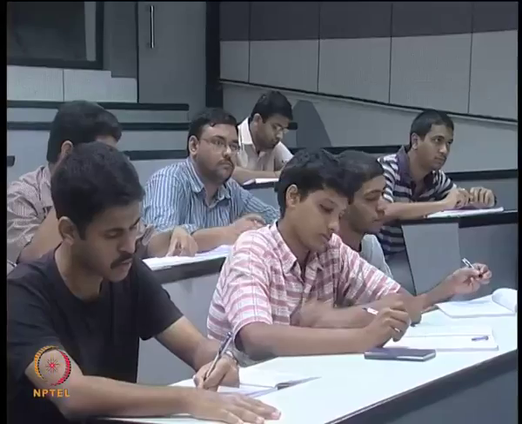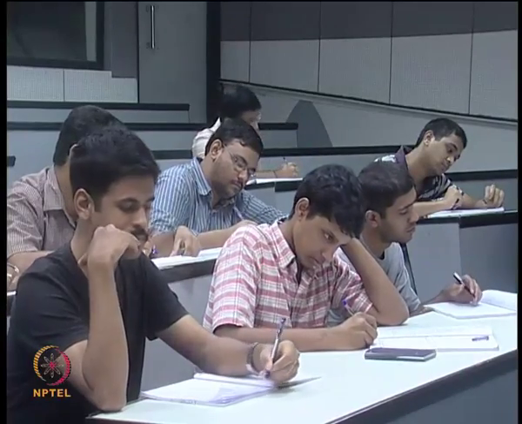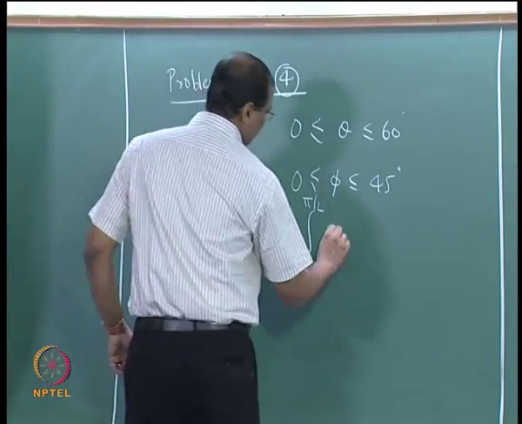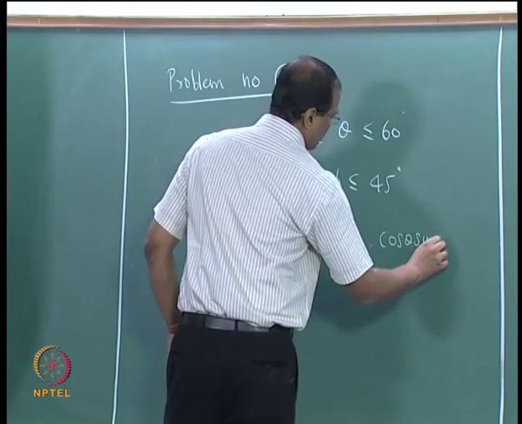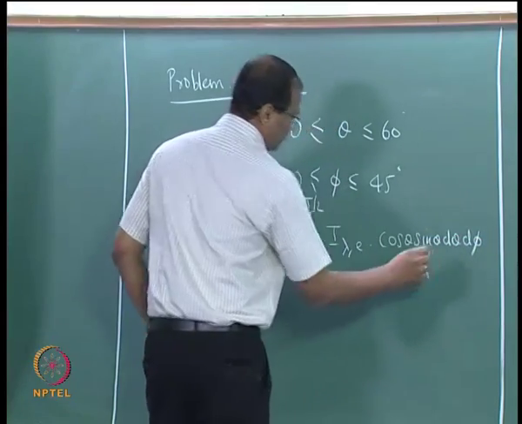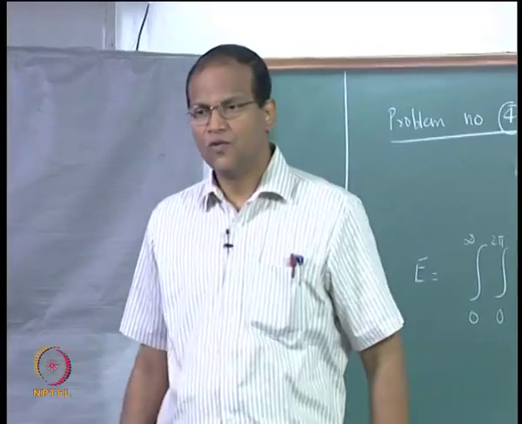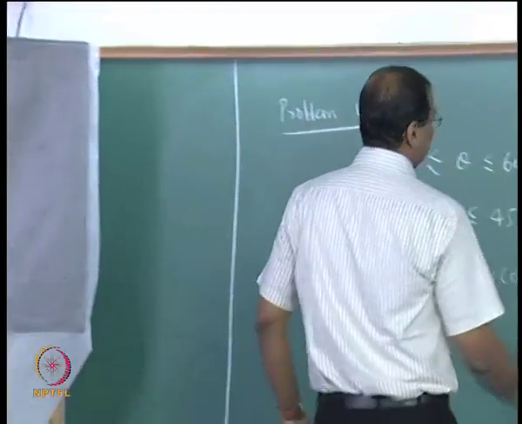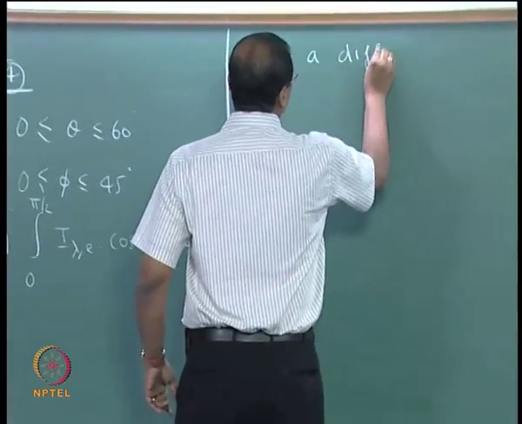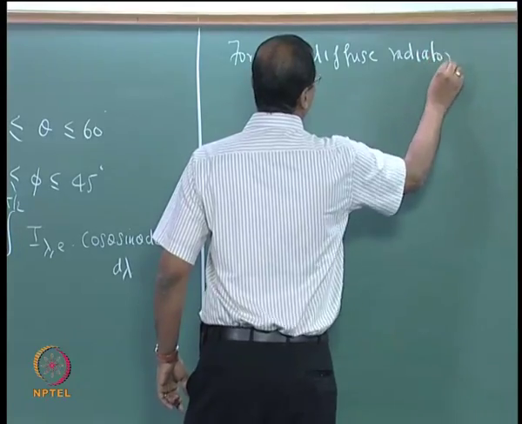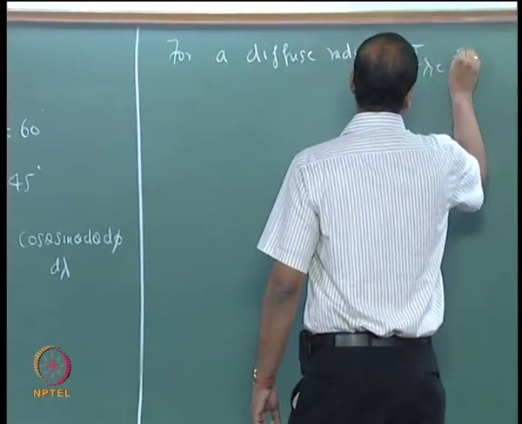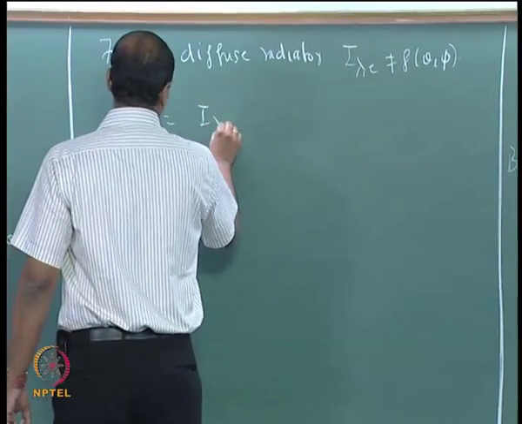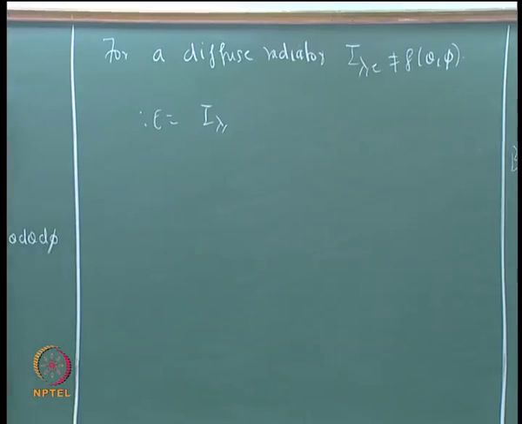Can you solve? Yeah, please go ahead. For a diffuse radiator, I lambda E is not a function of theta and lambda, that can be pulled out. So you assume that one integration with respect to lambda is already done, right.